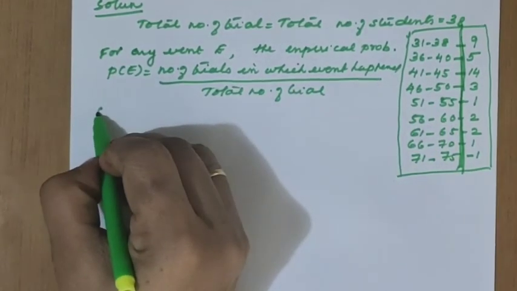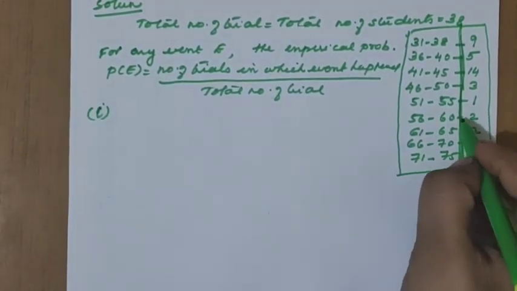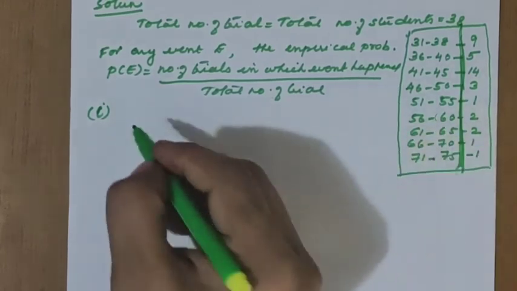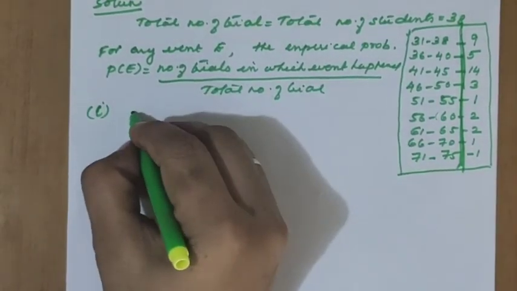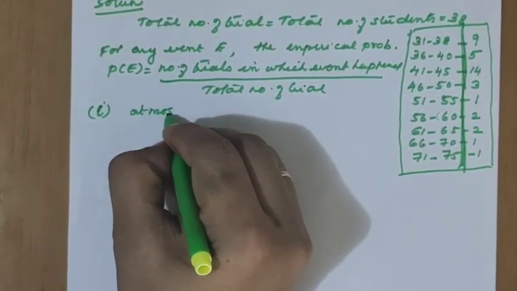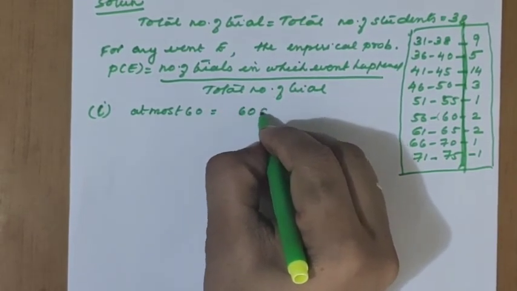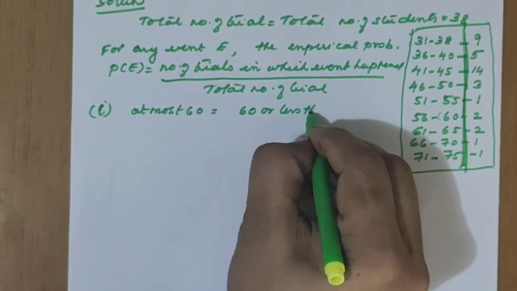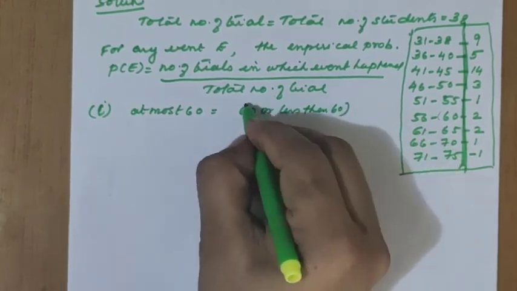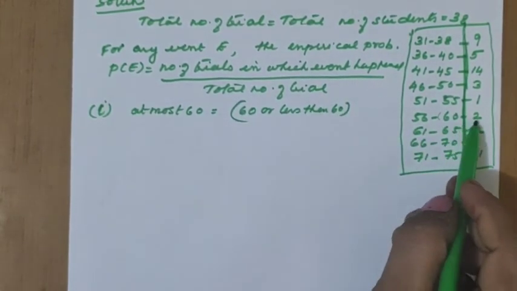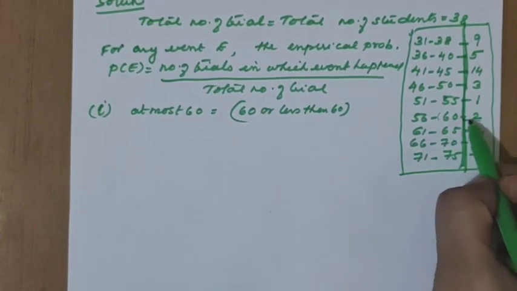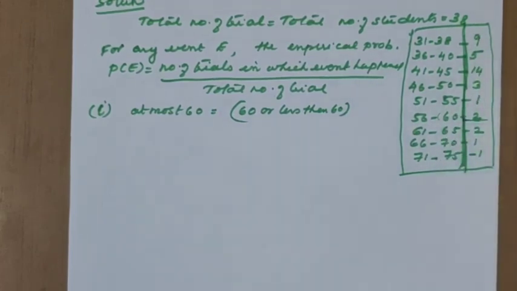So what is the first sub question? It is at most 60. At most 60 means the maximum is 60. So we'll write here at most 60 means 60 or less than 60. See, 60 is the maximum. So up to here, whatever is there, we will get a total frequency.